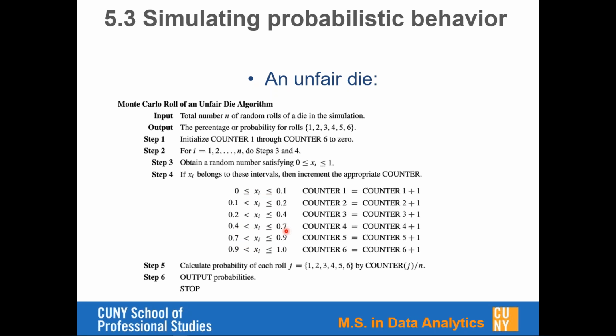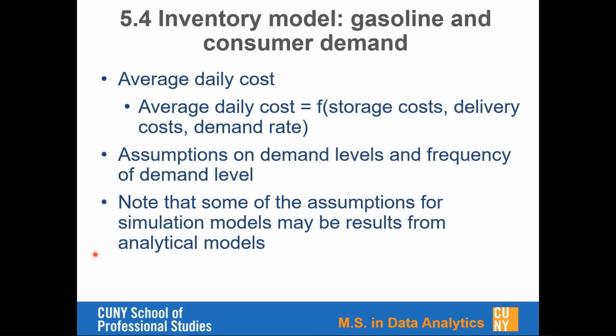If that happens, you can still design the thresholds so that we would be able to calculate the probability of each of them. That's a second example of how to simulate probabilistic behavior for an unfair dice.